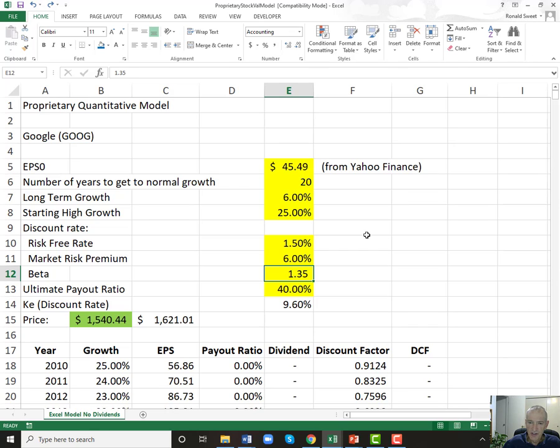Maybe that's on the lower end of the valuation, but it's a really difficult firm to value. You would see something like this in a data table trying to get multiple scenarios. There are just too many moving parts: the age, the long-term growth rate, the short-term growth rate, the beta. There are so many assumptions you'd have to vary to figure out the valuation of Google, so you would get pretty wide ranges of valuation.